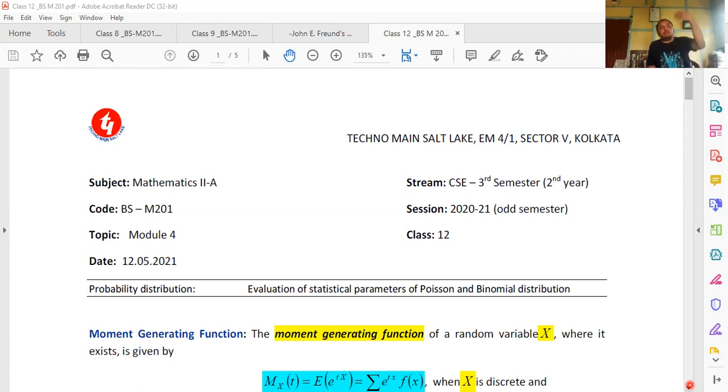Moment is the general term which contains in it mean, variance, and other things like expectation of the random variable cubed or expectation of the random variable raised to the power 10, etc. As much as you can raise the power.